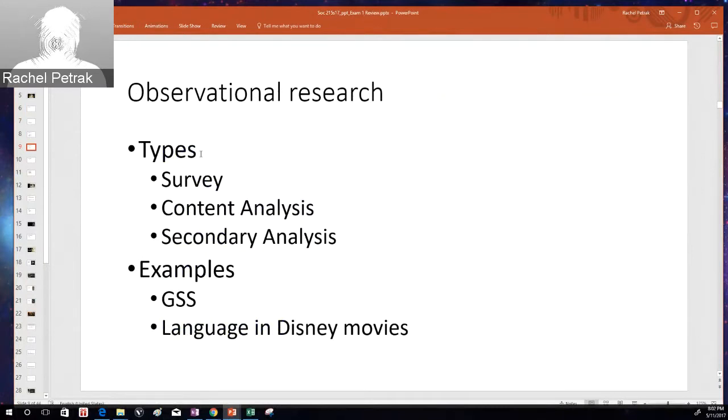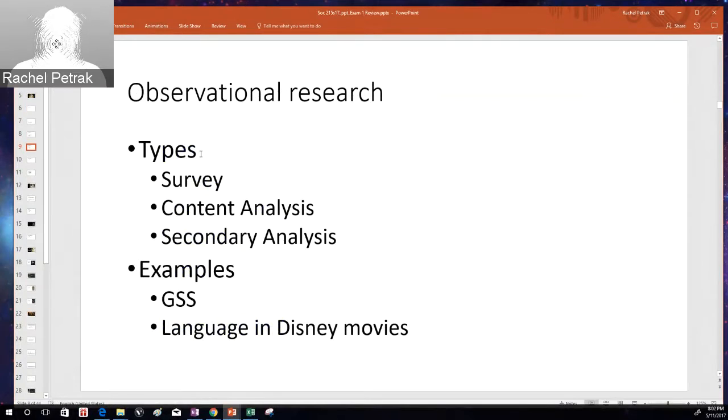A content analysis is also observational research. We didn't discuss this much, but this is quite simply just when you have content, for example, media content, and then use analyses to observe the trends in the content.